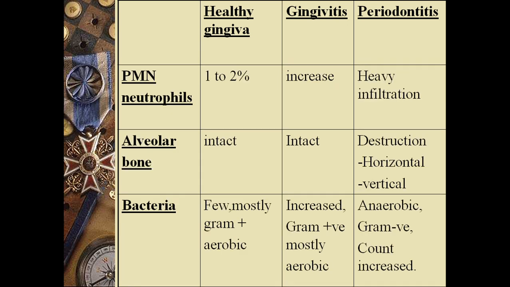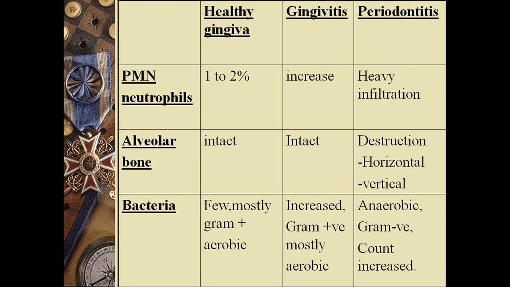In healthy gingiva, polymorphonuclear neutrophils are 1 to 2% in junctional epithelium, but in gingivitis it is increased. And in periodontitis, there will be heavy infiltration. The percentage can go up to 60 to 80%. Alveolar bone is intact in healthy gingiva and still intact in gingivitis, but in periodontitis, destruction will be there. Either horizontal or vertical pattern will be seen.